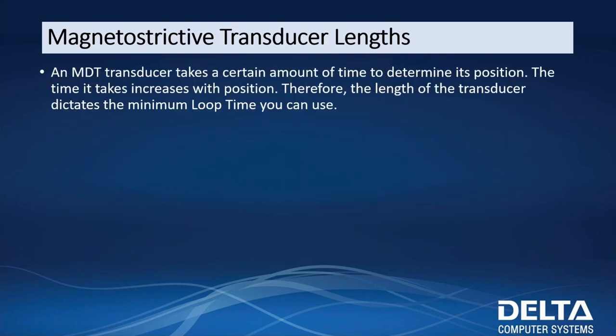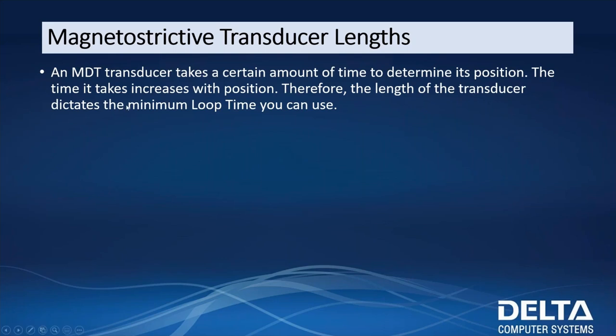Okay, so with this technology, there are some limitations, right? Magnetostrictive transducer lengths. An MDT transducer takes a certain amount of time to determine its position, right? We need to wait for that mechanical twist to come back. It's just based upon the physics of how the design works, it's going to take some time.